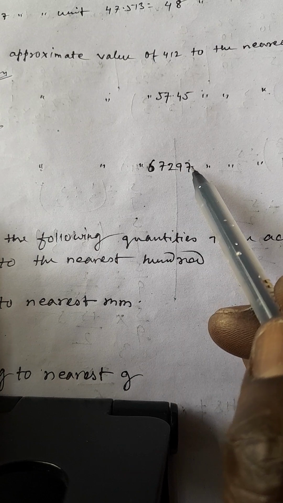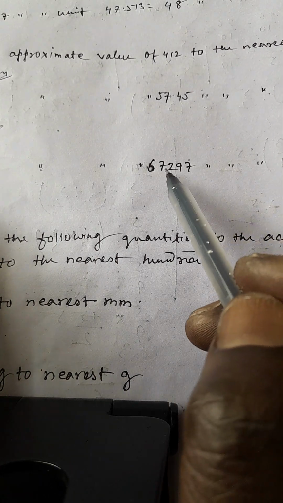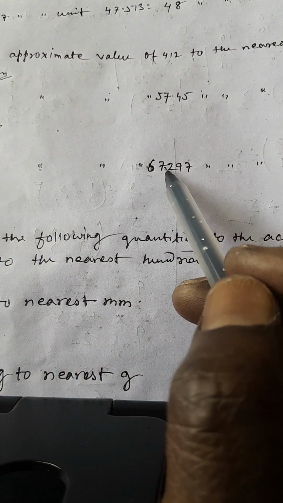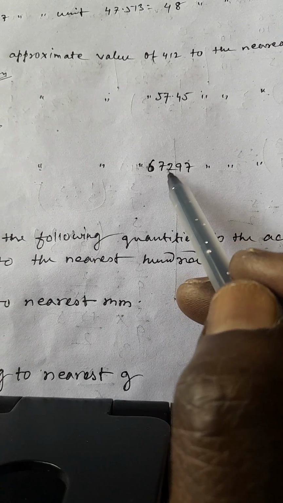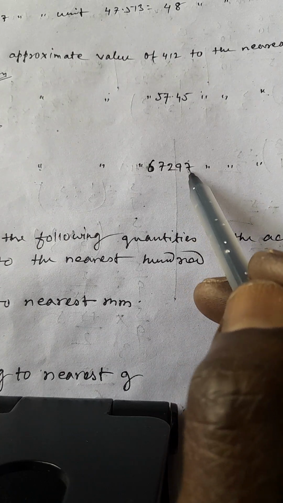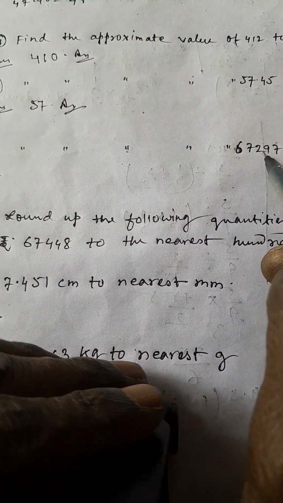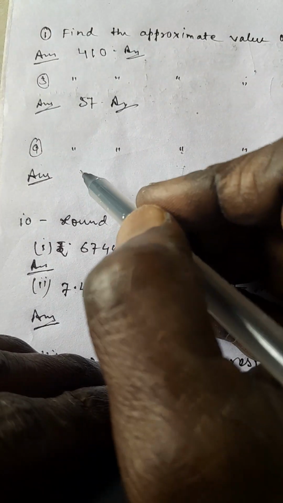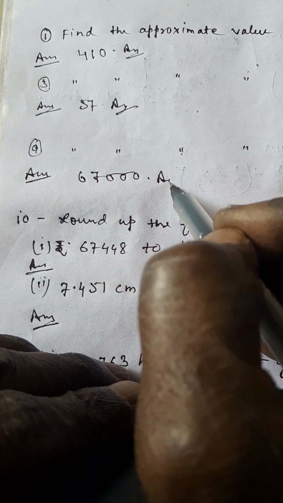Before 7, the number 2 is less than 5. So all the places over here will be 0. So what will be the nearest value of 67,297? The nearest value of 67,297 will be 67,000 only. This is the answer.